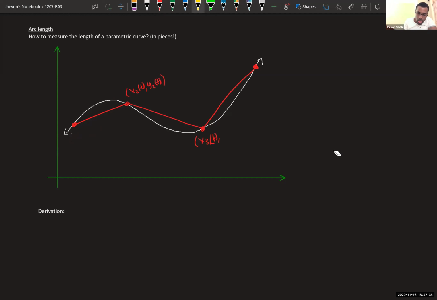So let's say this curve is x equals x of t, y equals y of t, and t goes between a and b. So for a particular t value, when I plug it in, I'll get a coordinate, just like we saw last time. So this point here is going to be x1, x evaluated at a t value, x of t0, or more specifically, a.